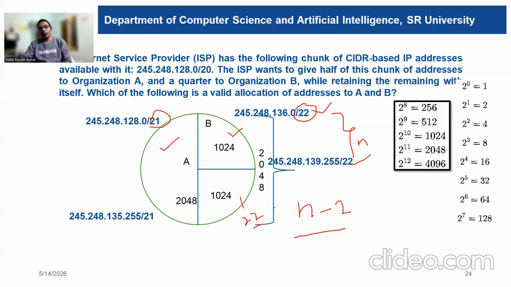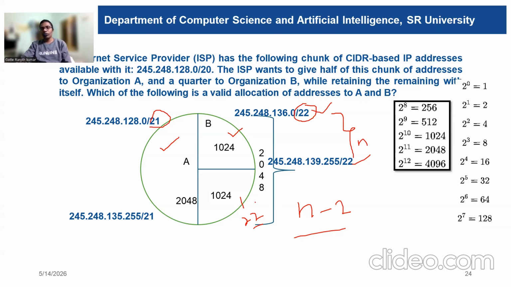So based on this, we can take a number of bits used for network address based on our requirement, and accordingly the subnet mask will also be changed. So that's why this subnet mask can be called a variable length subnet mask that is generated because of classless interdomain routing.